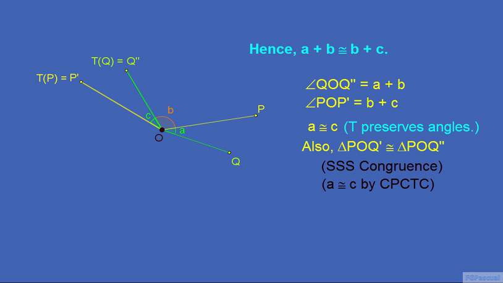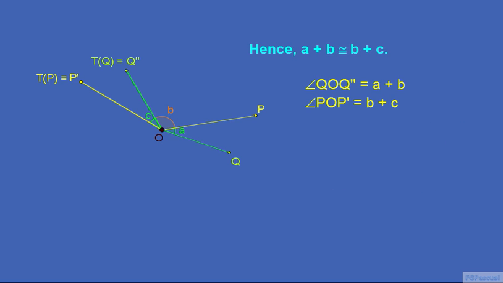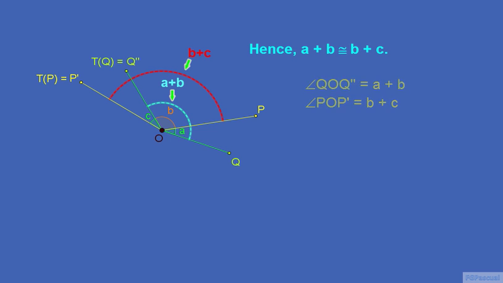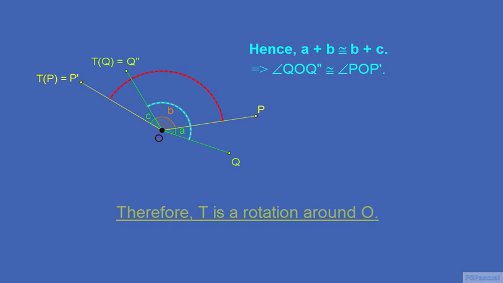Hence, A plus B is congruent to B plus C. And angle QOQ double prime, which is A plus B, is congruent to angle POP prime, which is B plus C. Therefore, T is a rotation around the point O.